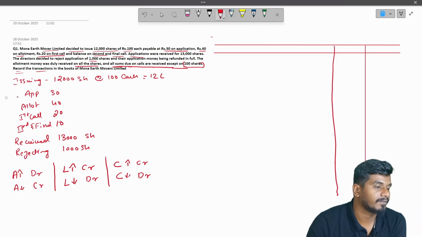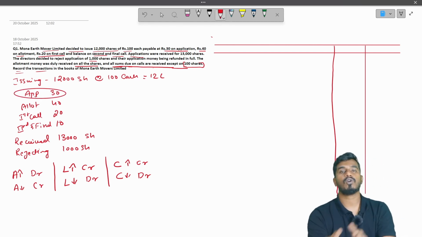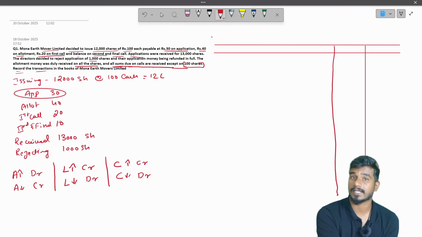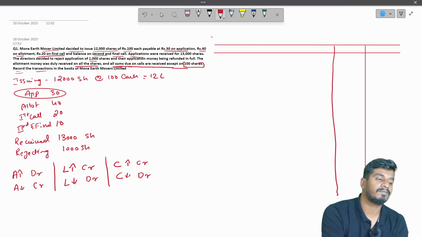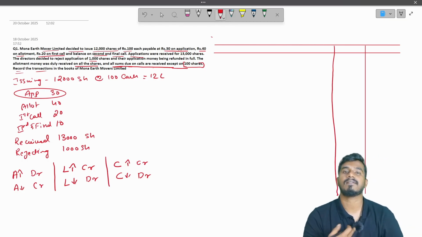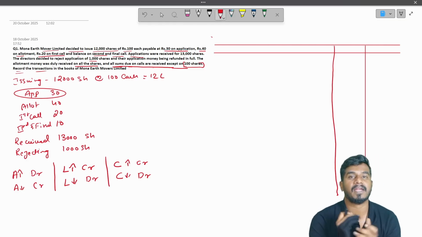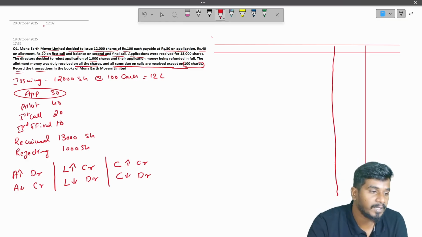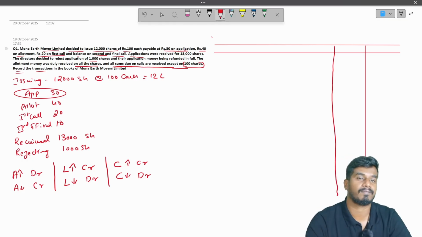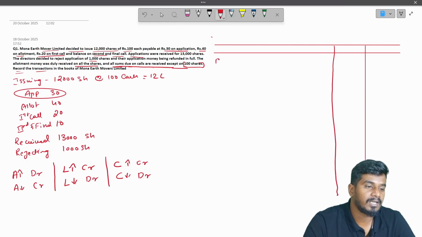The first thing, we will receive application money. We won't know how much we will receive until after receiving it in the bank account, so the first entry will be the bank entry. After the bank entry, we'll know everything. First is the bank account entry.